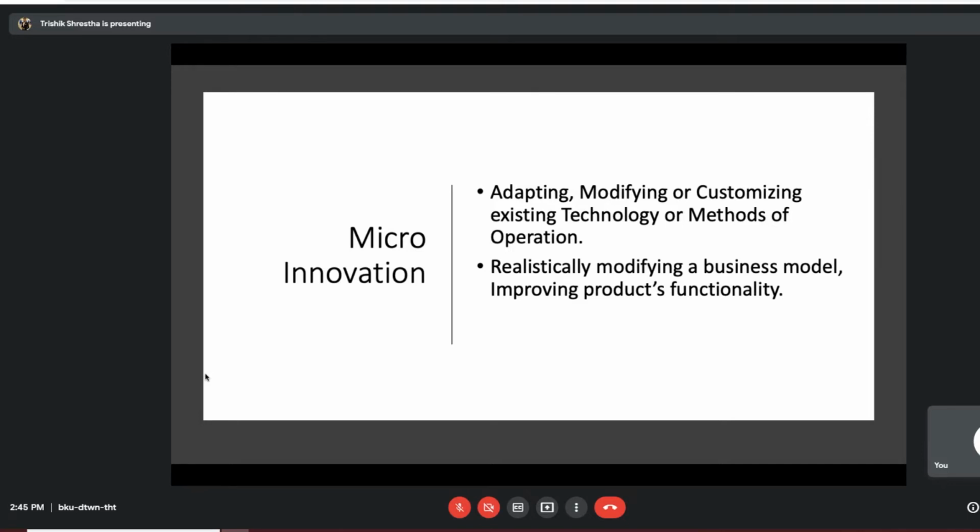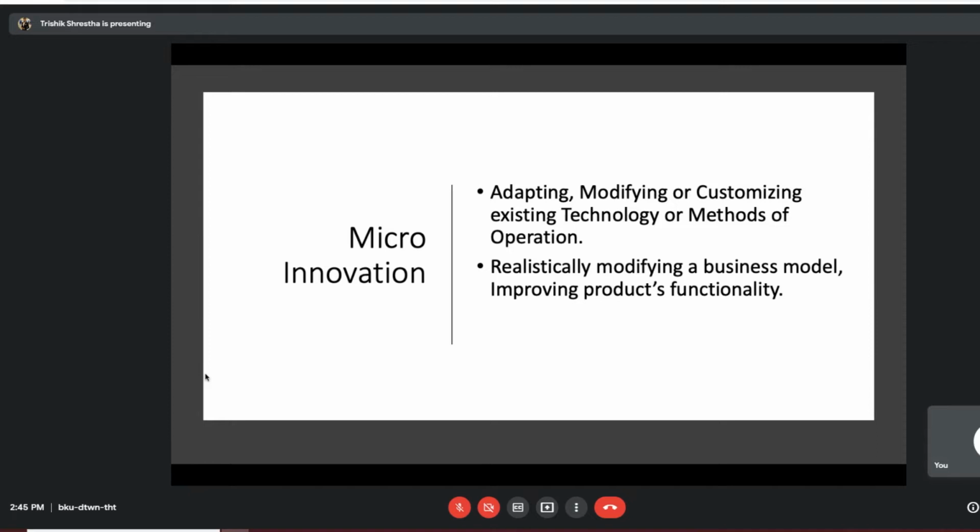That is what comes to mind when we say innovation, and that is true. That is macro innovation. But what we are focusing on right now is micro innovation, and the purpose. If you have missed it, I did mention it in the beginning of this lecture, but some of you did come a bit late.